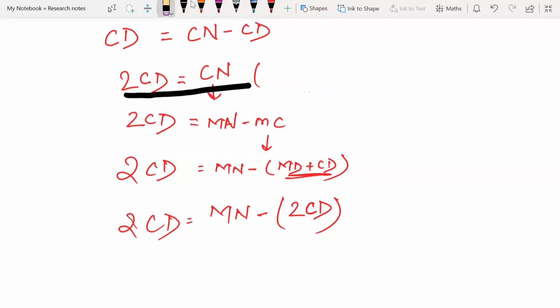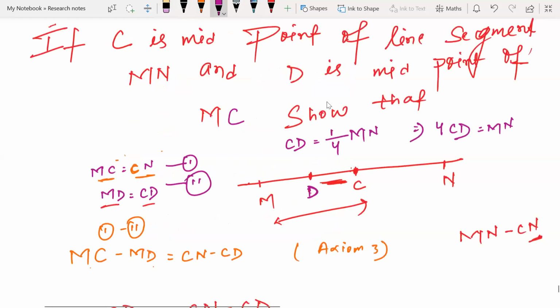Okay. Then at the place of CN, we are trying to convert it in MN. Why? Because our proof contains MN. So at the place of CN, can we write the complete MN minus MC? Yes.